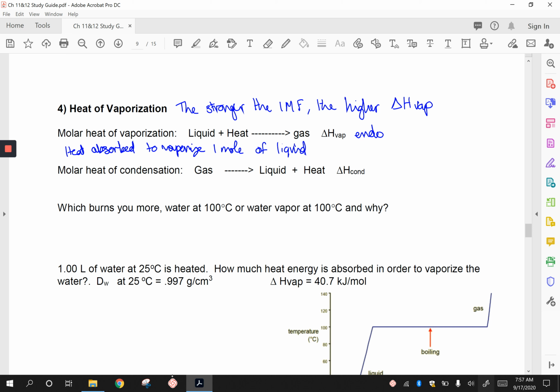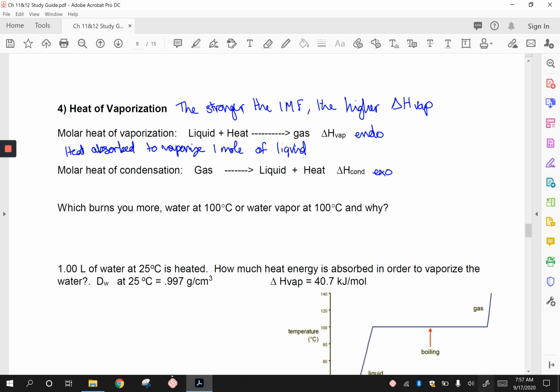Similar to heat of vaporization is heat of condensation. So heat of condensation is how much heat is transferred when you take a mole of gas and turn it into a liquid. And because gases are higher in potential energy than liquids, in order to go from a gas to a liquid, it has to release some energy. And so this process is exothermic.